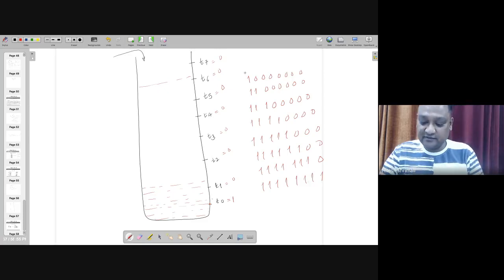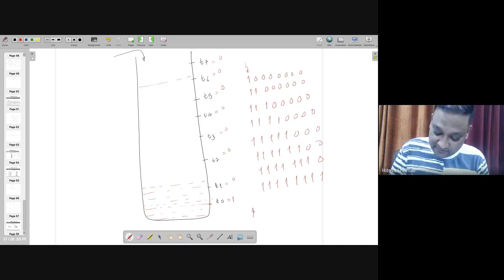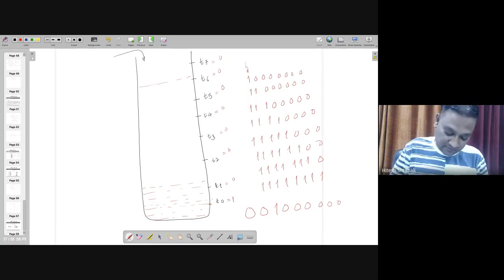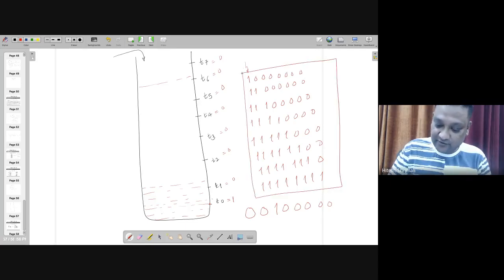You can see here T0 is 1, like there is no possibility that it's like this. If you want to see output like this, it's not possible, right? So it's only possible that you can have this kind of output.